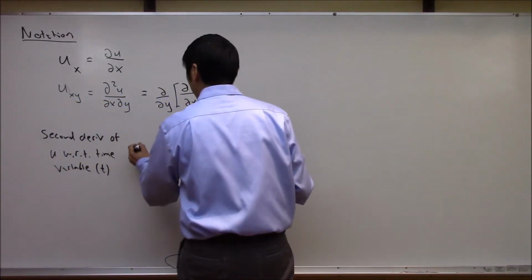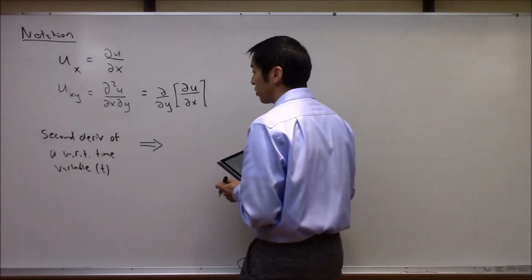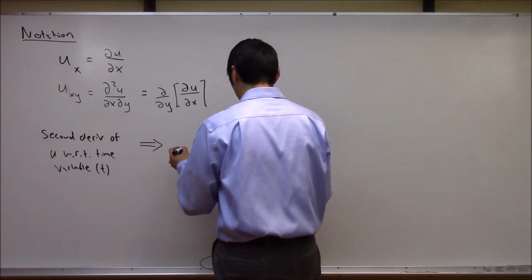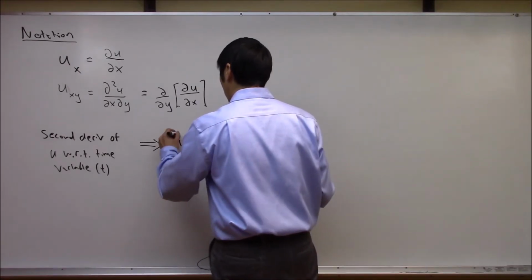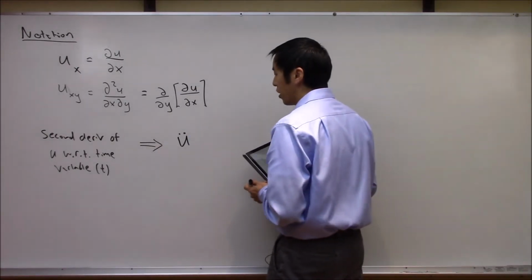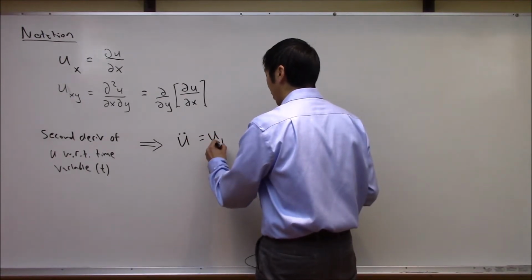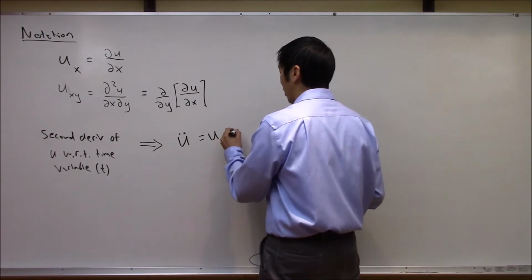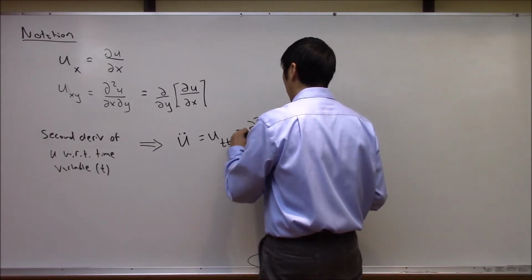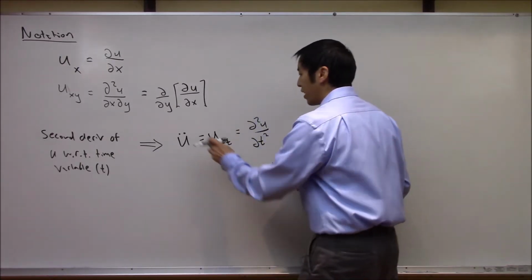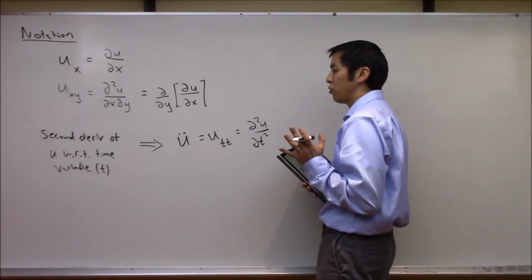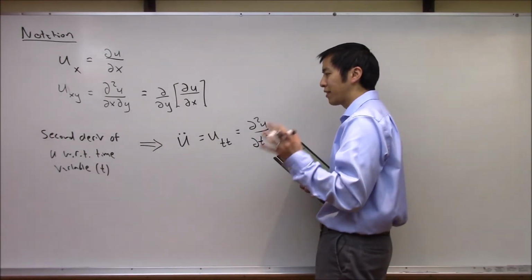And what you're going to typically see these engineers and scientists write is u dot dot here. The dots on top are basically saying this is the same thing as saying u_tt, which is partial squared u with respect to t squared. So the dots on top are used to denote a derivative with respect to time.